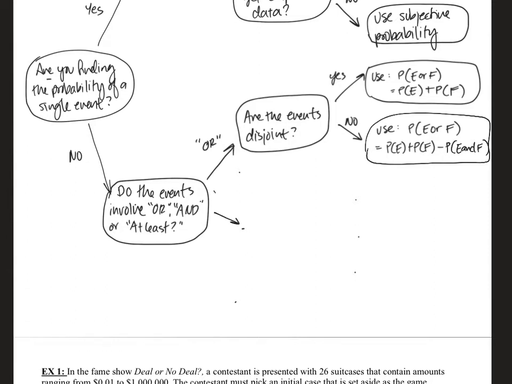So if our answer is an AND, then we have a new question. Are the events independent?